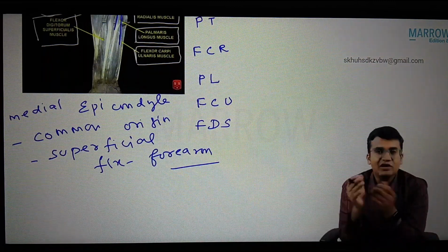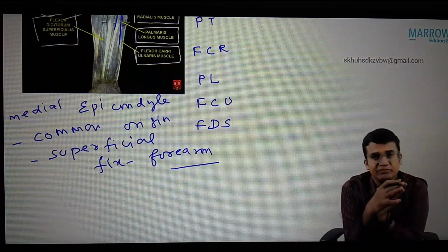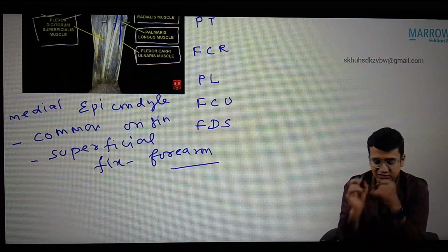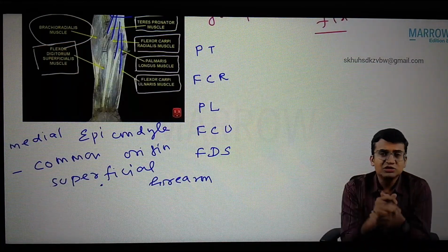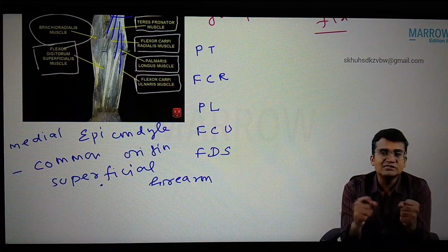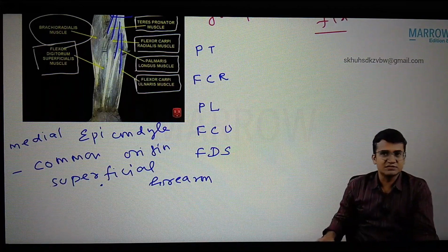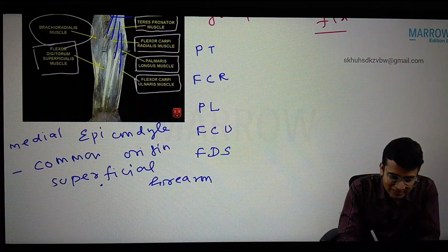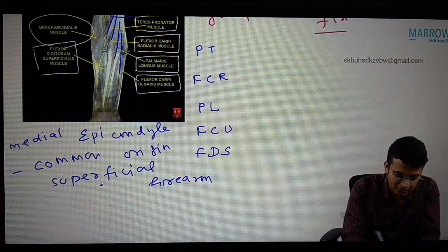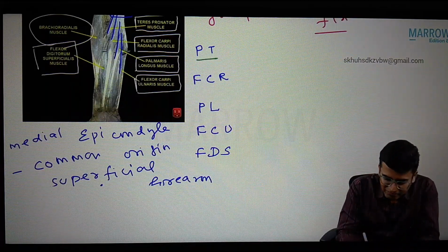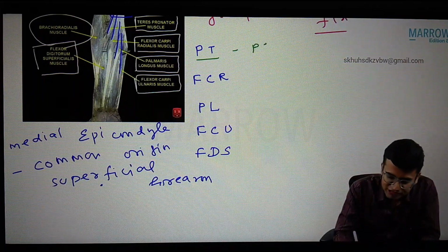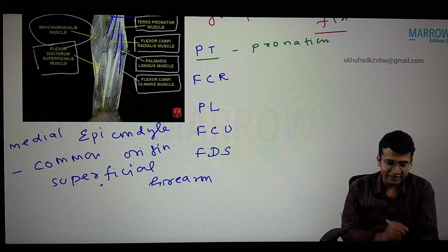Right. Next, origin and insertion are not necessary. You have to know only some basic idea, and you have to know the nerve supply and the action. The name itself gives a clue. Pronator teres muscle does pronation.